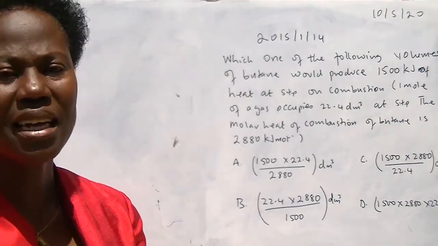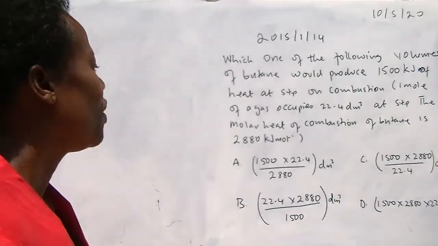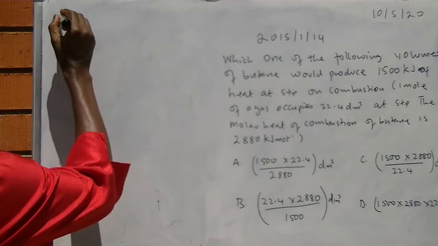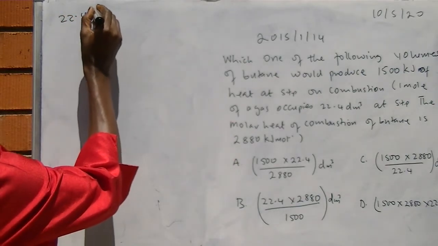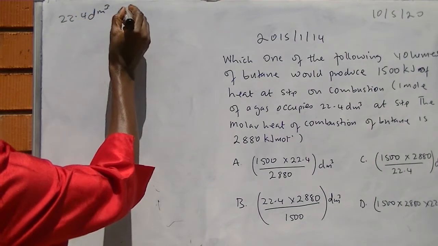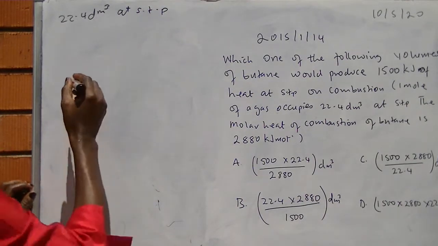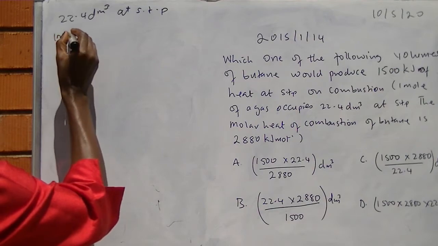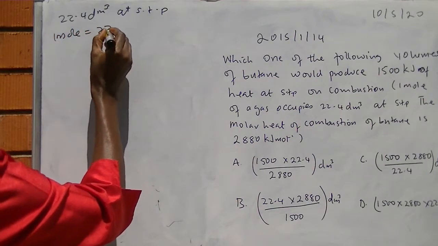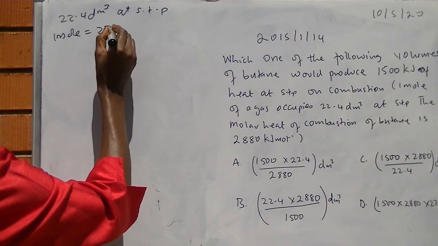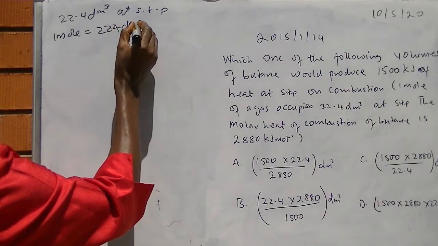In the previous lesson on standard temperature and pressure, we said 22.4 cubic decimeters at STP is the molar volume, which means 1 mole of butane occupies 22.4 cubic decimeters.